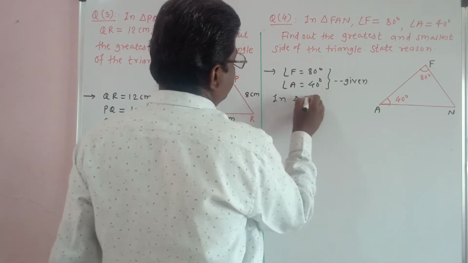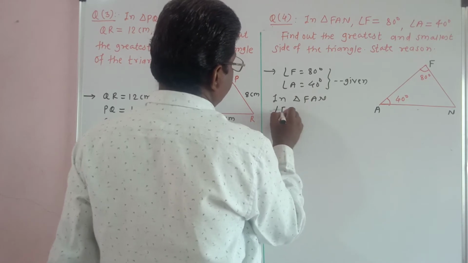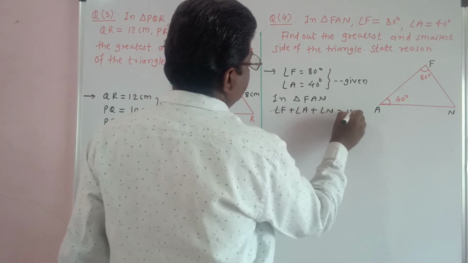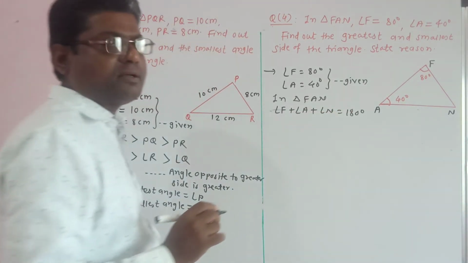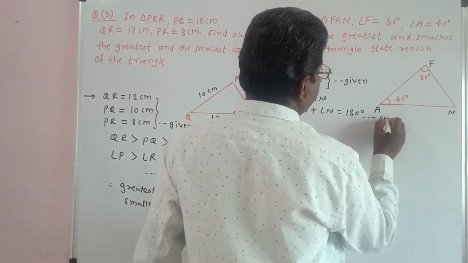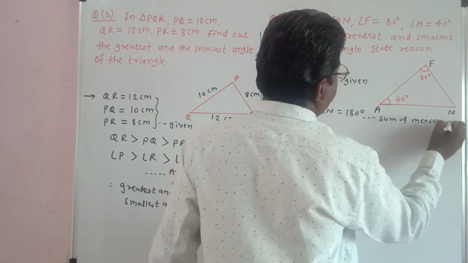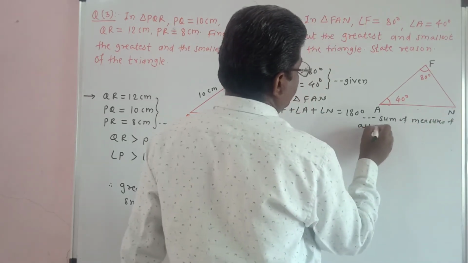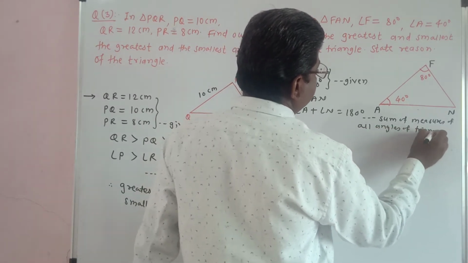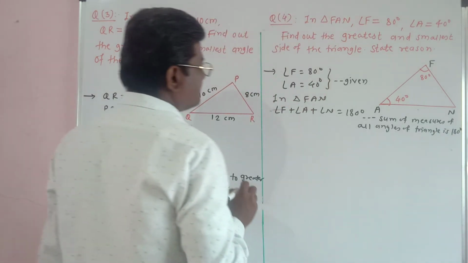In triangle FAN, angle F plus angle A plus angle N is equal to 180 degrees. Sum of the measures of all angles of a triangle is 180 degrees.